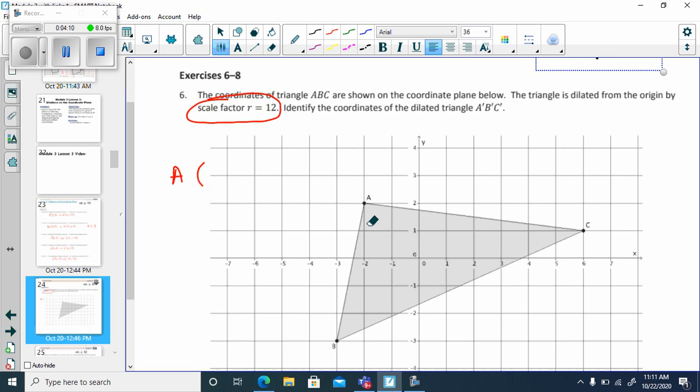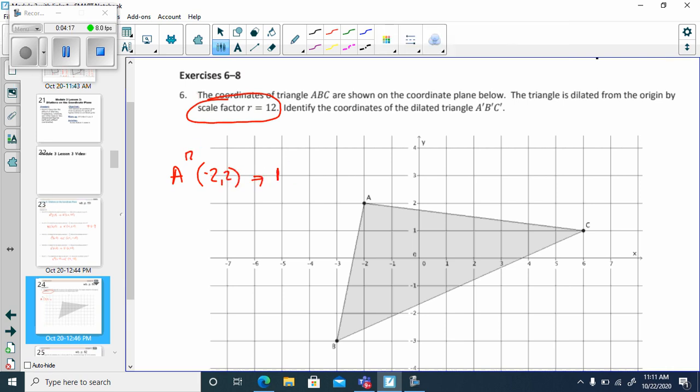Well, if A is currently at (-2, 2), and I dilate this by 12, that means multiplying your coordinates by 12. A prime then is going to be at (-24, 24). Okay? Again, they didn't ask you to plot it. They just asked you to find the coordinates. B is currently at (-3, -3).